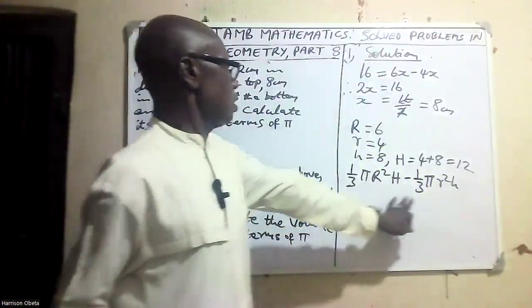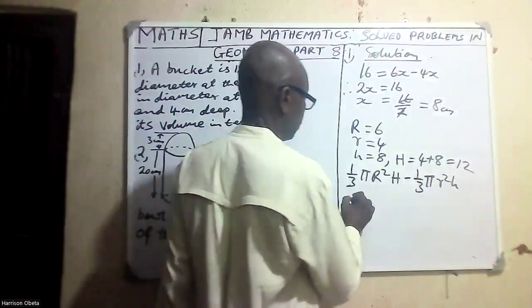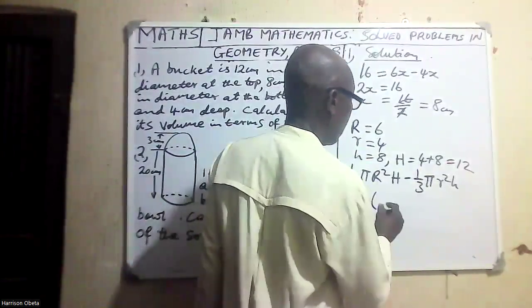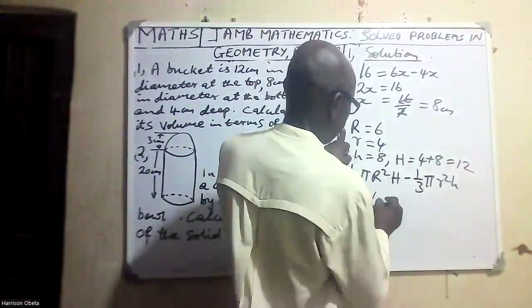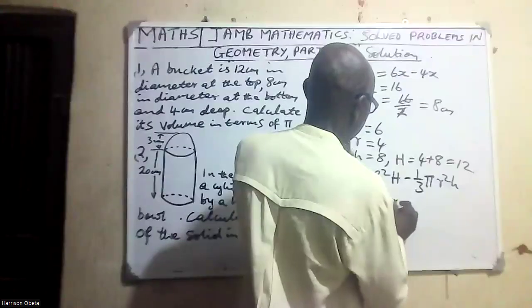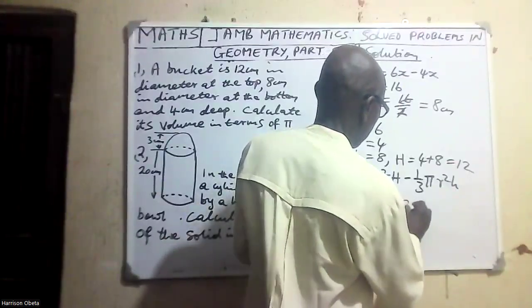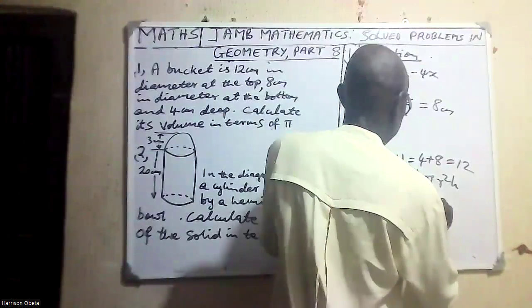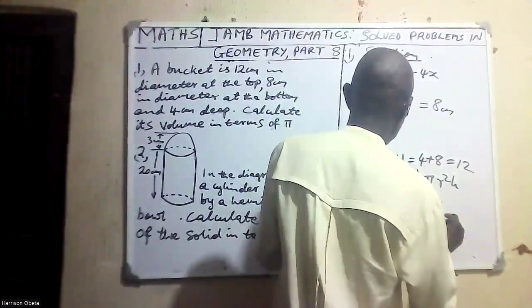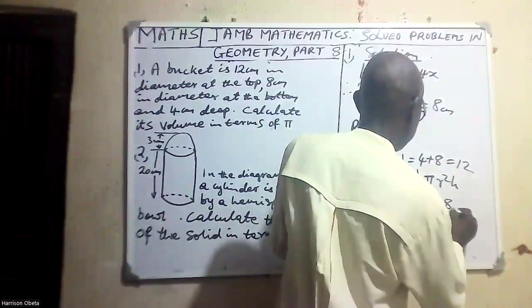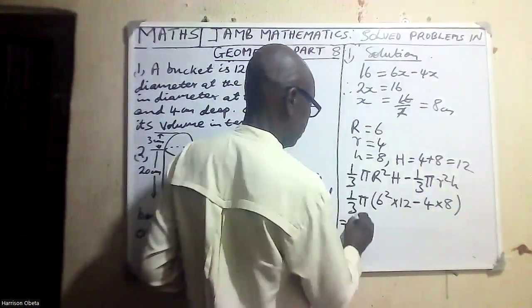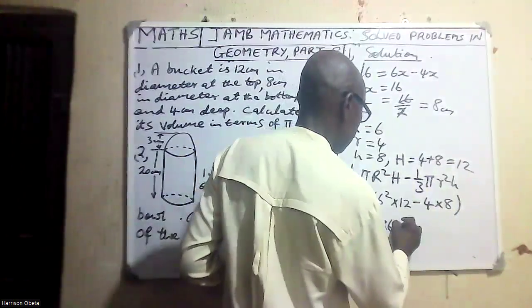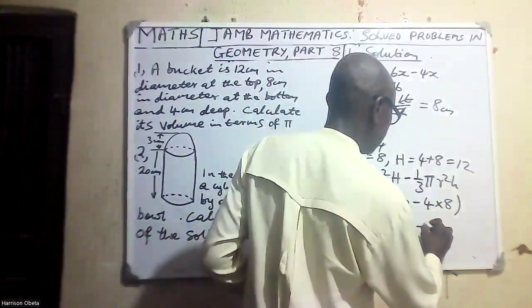That is volume of the bigger cone minus volume of the smaller cone. And that will give us, we can factor out 1/3 pi into our capital R is 6, 6 squared times 12, then minus r, 4 times 4 times 8, and that will give us 1/3 pi bracket 36 times 12 minus 32.